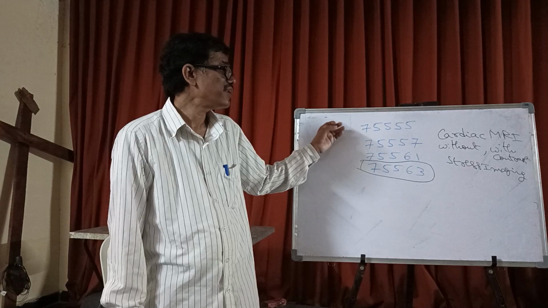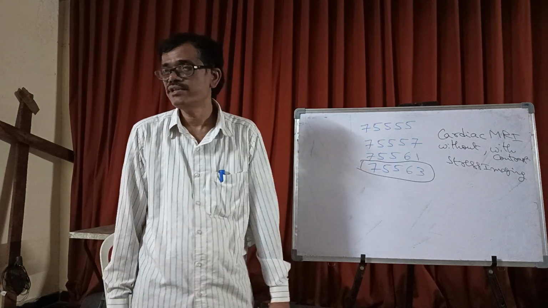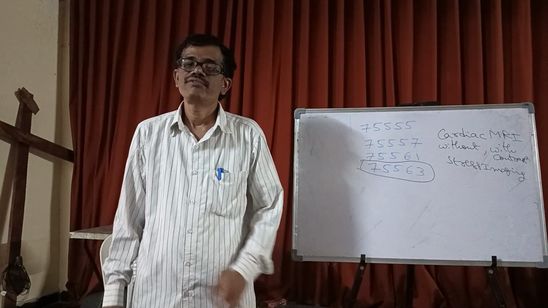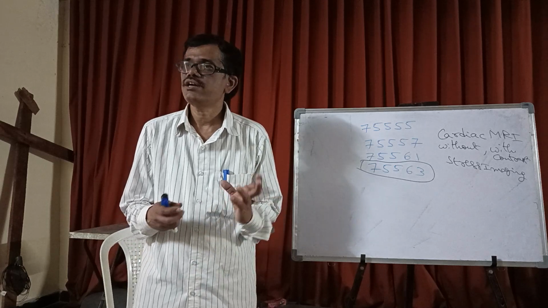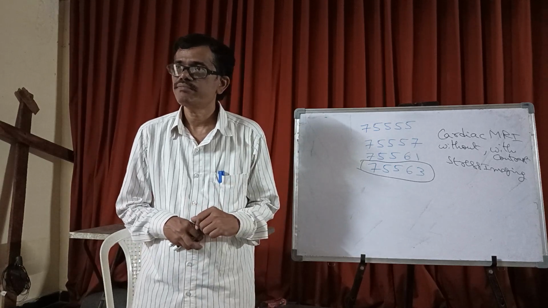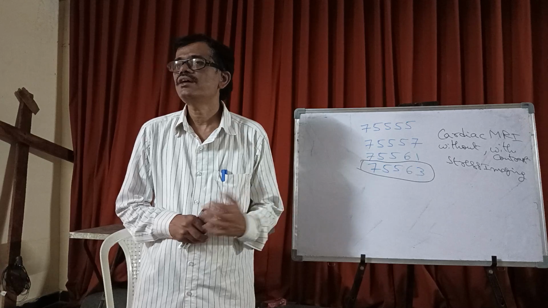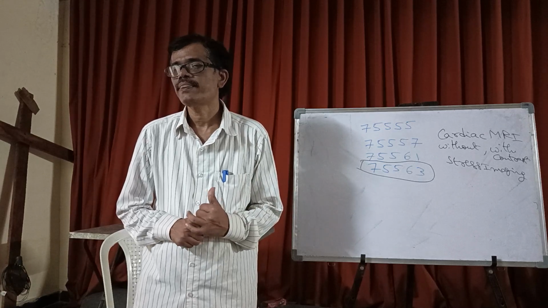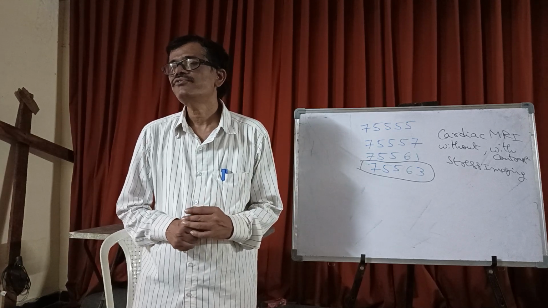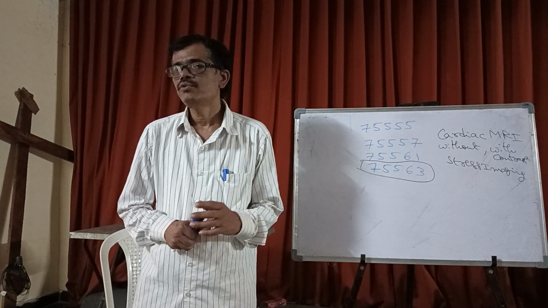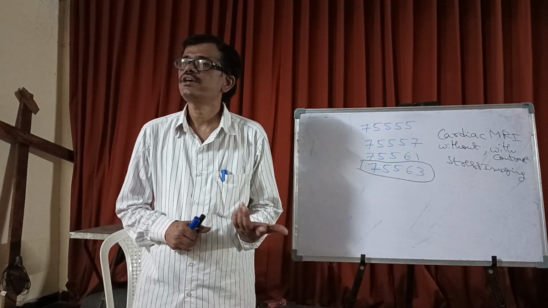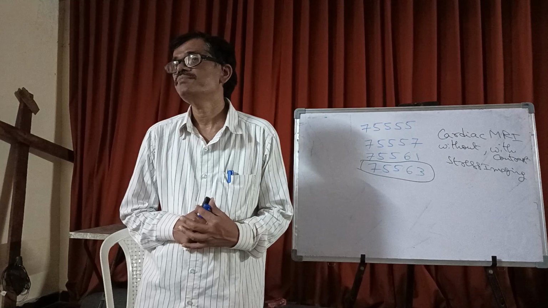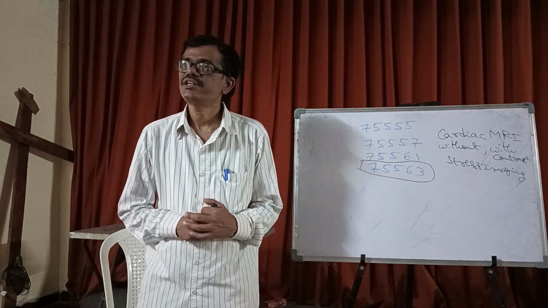And in 75557, we have not done any with contrast. We have done only without contrast cardiac MRI, and additionally we have done stress imaging. And 61, what we have done, both without contrast and with contrast, but we have not done any stress imaging. So that is the difference.